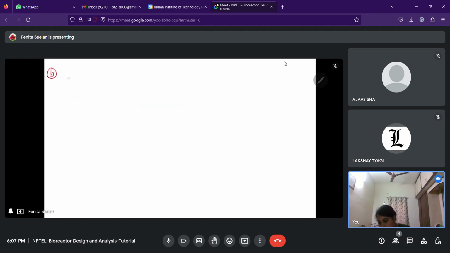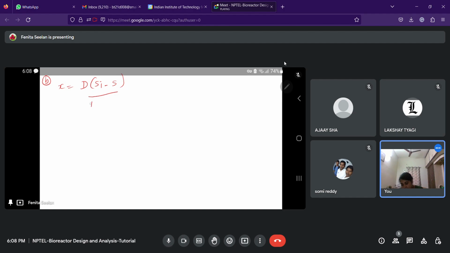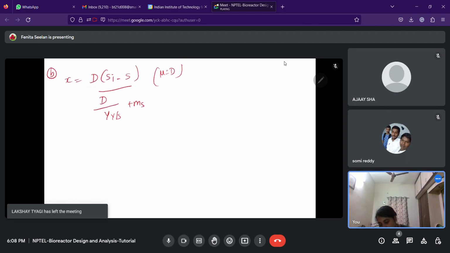When the synthesis of the product, which is ethanol here, is coupled with the energy metabolism, the formula for such a case would be X equal to D into (Si minus S) divided by (D over Y plus m S). Note that here mu is equal to D, so instead of mu I have used D.